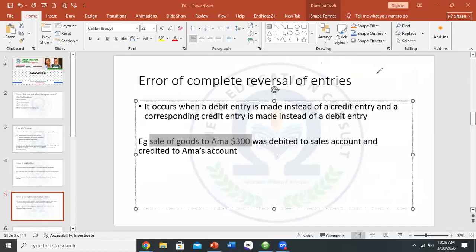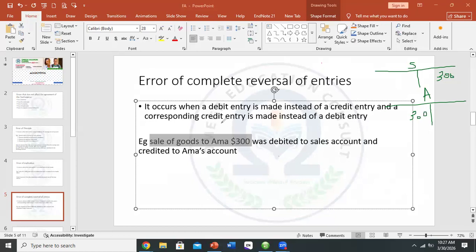So they should have opened sales account and Amma. So sales S and Amma A. So they should have credited sales with 300 and debited Amma with sales of 300.